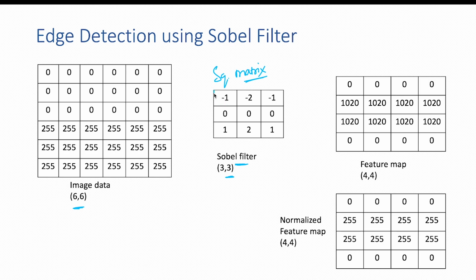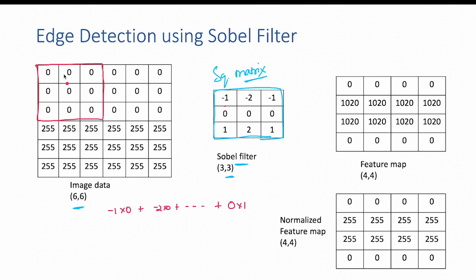So whatever filter I have, I generally apply this particular filter onto the different localized regions within this particular image data. The very first convolution operation is performed on this particular patch that I have highlighted. So now obviously we perform element wise multiplication, like -1 multiplied by 0 plus -2 multiplied by 0, and so on till 0 multiplied by 1.